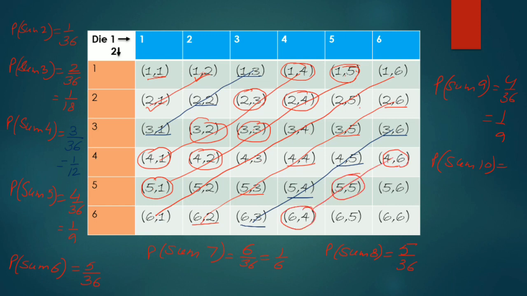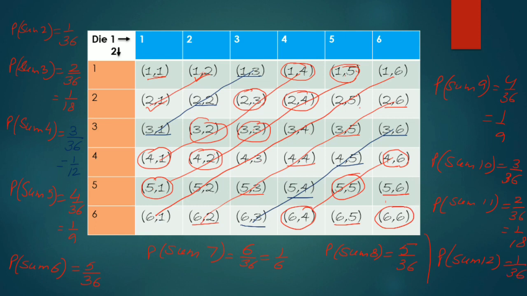So we have 3 favorable outcomes, so the probability will be 3 by 36. Next, sum as 11: 5 plus 6 and 6 plus 5. So favorable are 2 and total outcomes are 36. We can write it as 1 by 18. Now the last, sum on 2 dice as 12. We have only one such outcome, so it is 1 by 36.